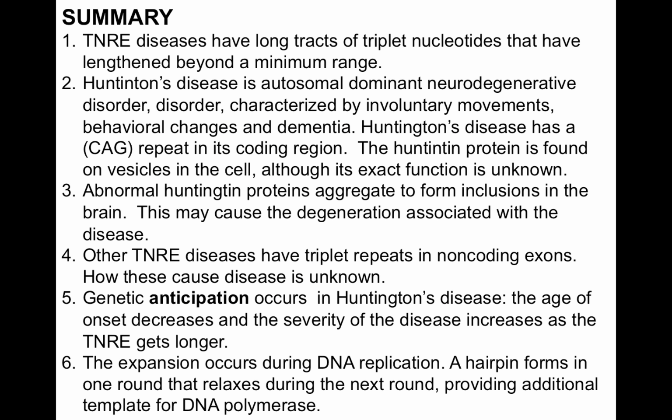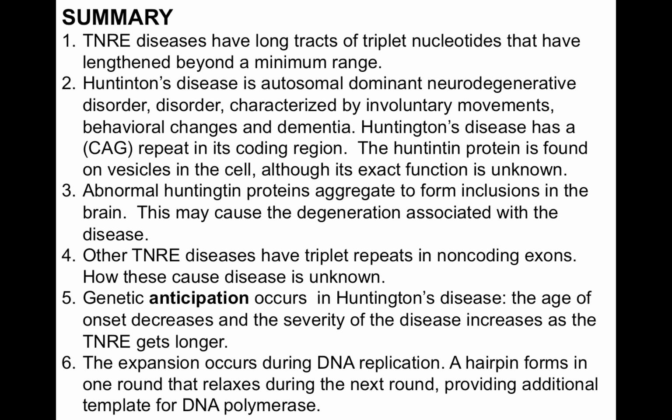So in summary, TNRE diseases have long tracks of triplet nucleotides that have lengthened beyond a minimum range. Huntington's disease is an autosomal dominant neurodegenerative disorder characterized by involuntary movements, behavioral changes, and dementia.